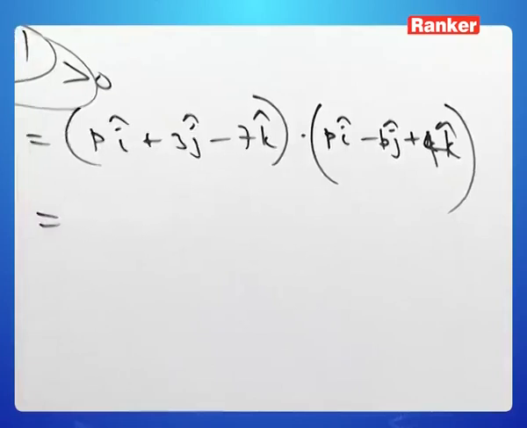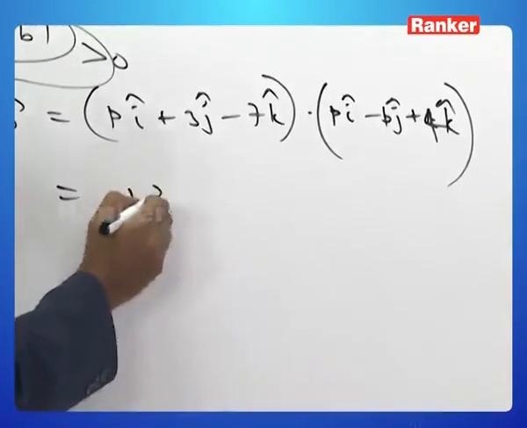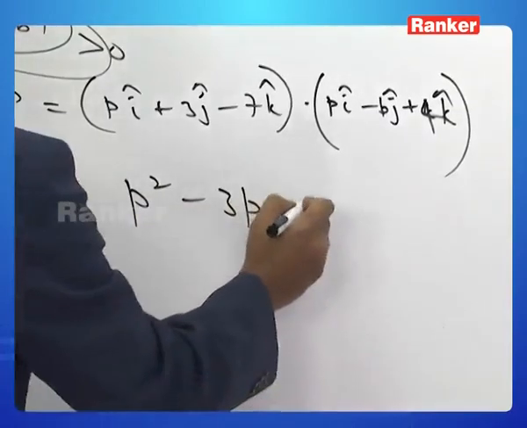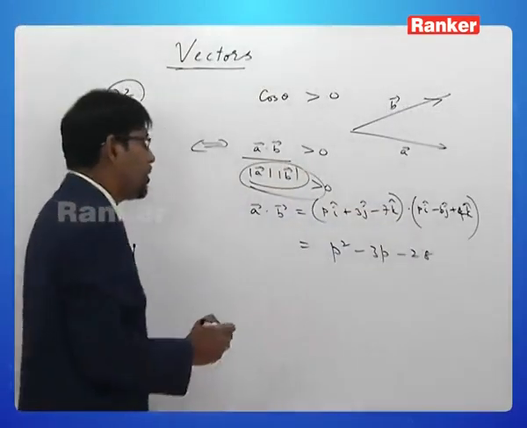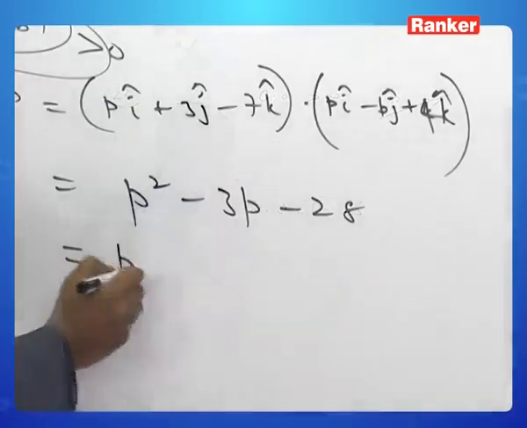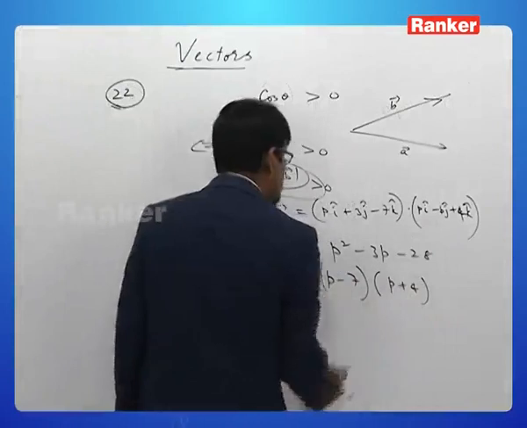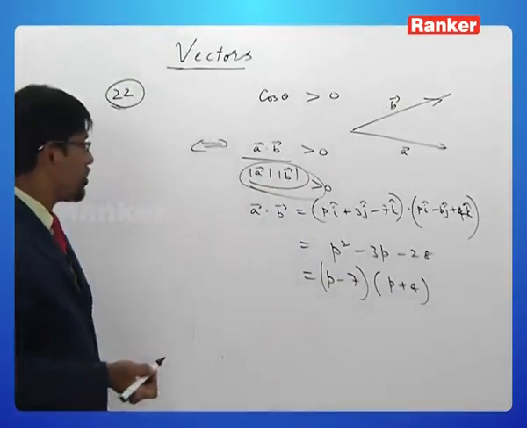So the dot product will be p square minus 3p minus 28, which we can conveniently factorize as p minus 7 into p plus 4.